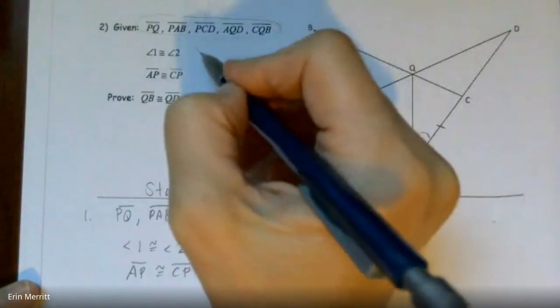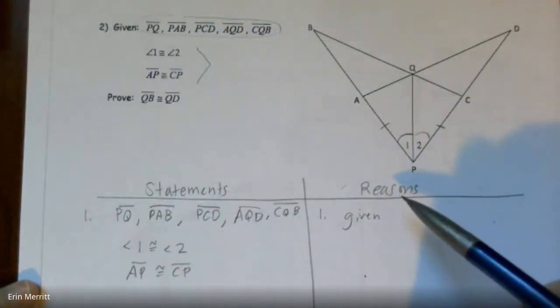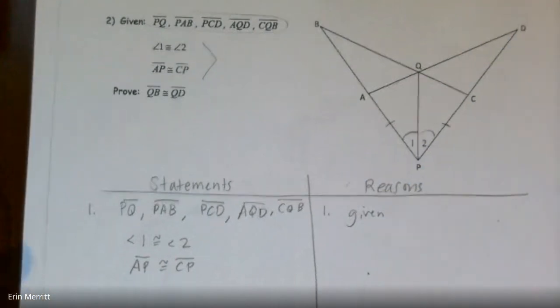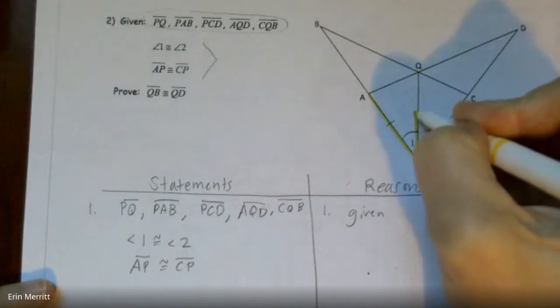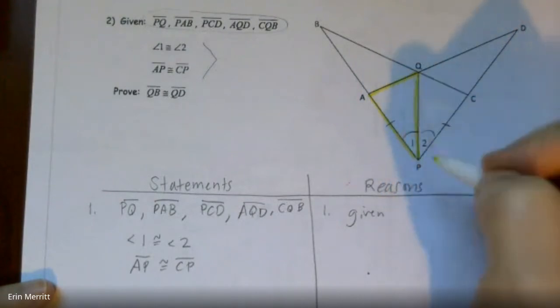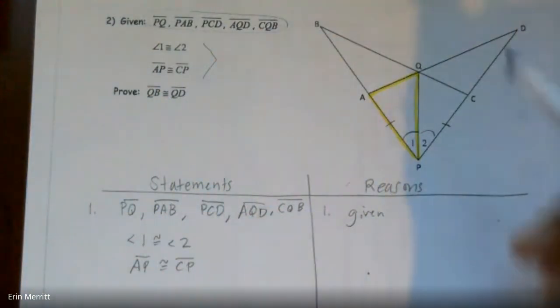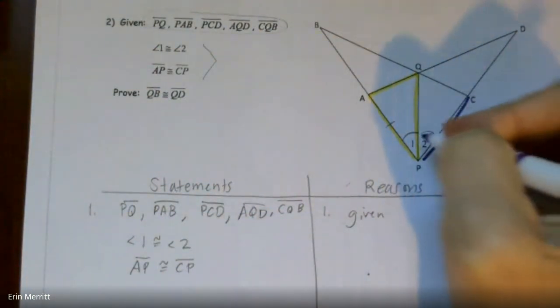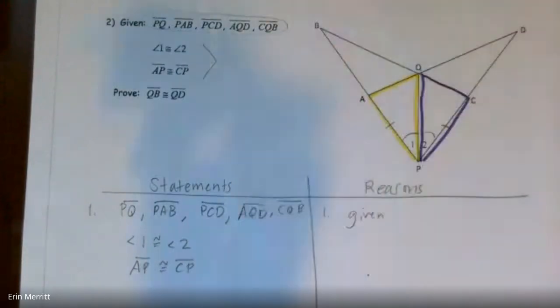What triangles can we prove are congruent based on the information that they're giving us?